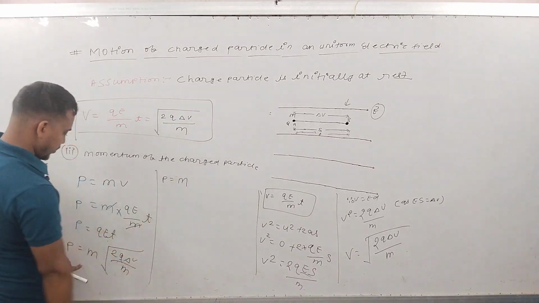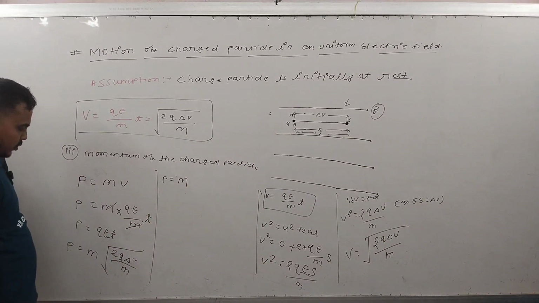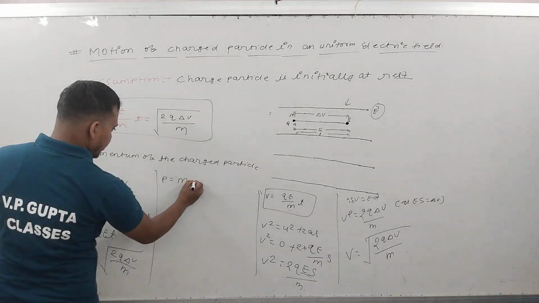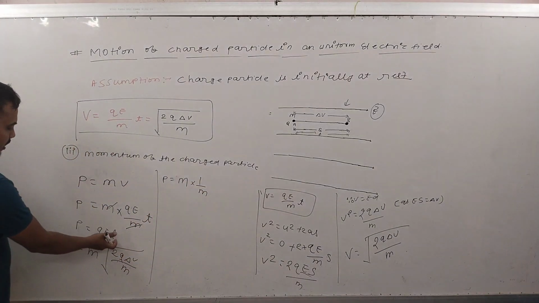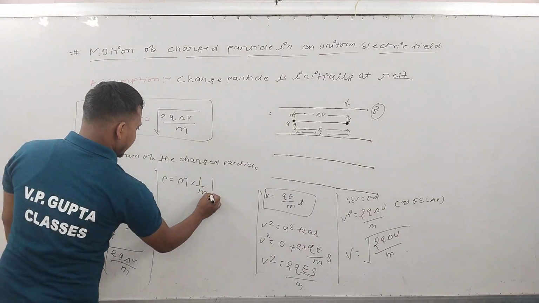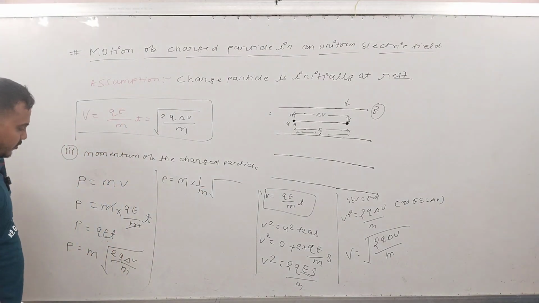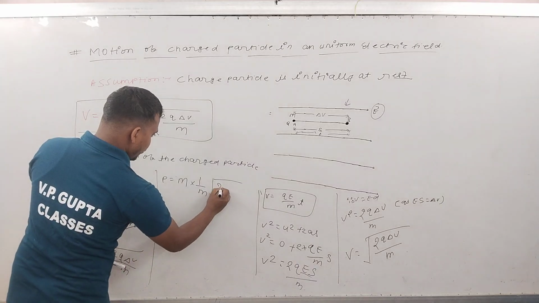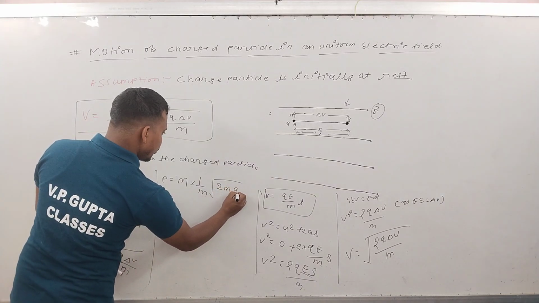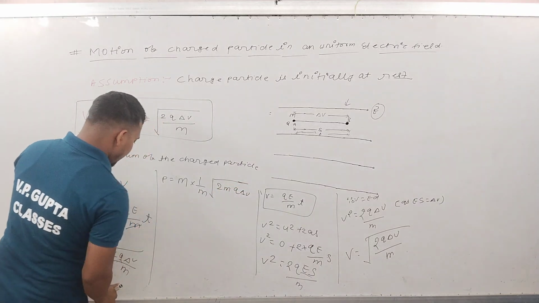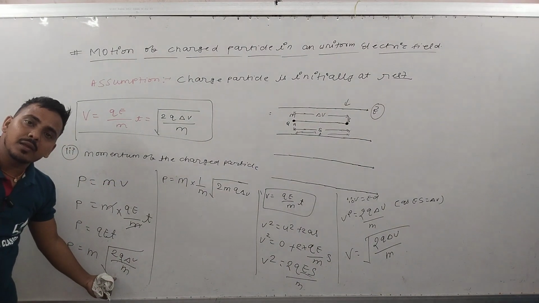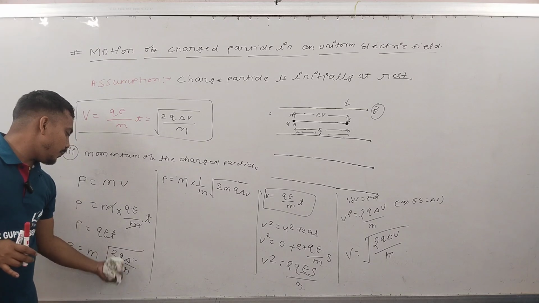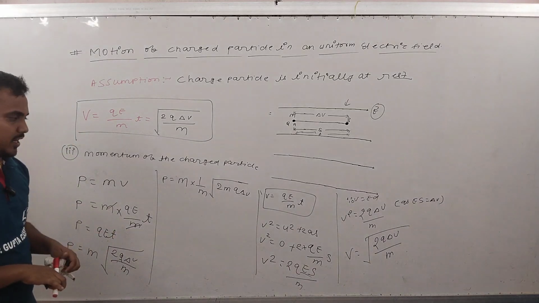If 1 by m is taken out of the root, then in the root 2mq del V is left, multiplying m in both numerator and denominator.